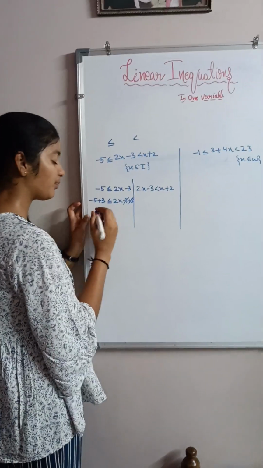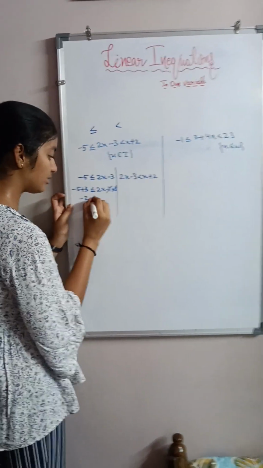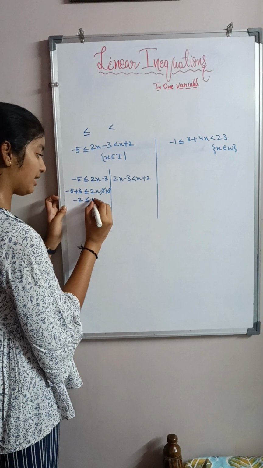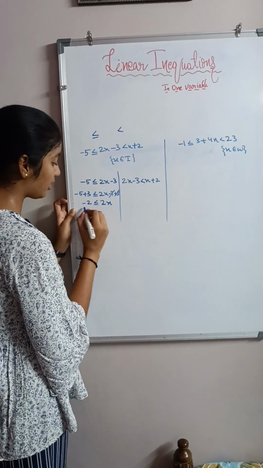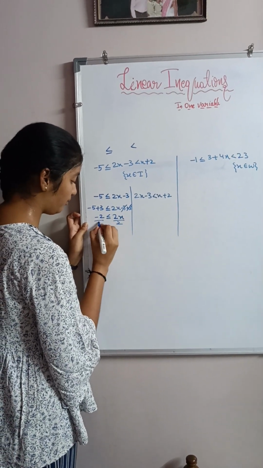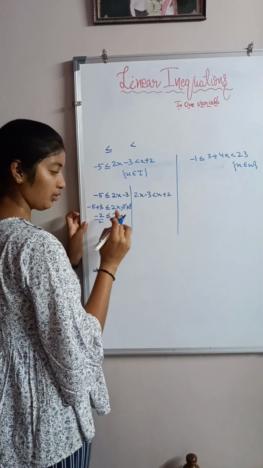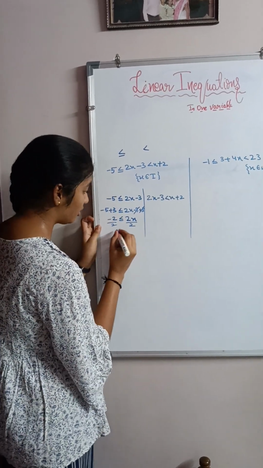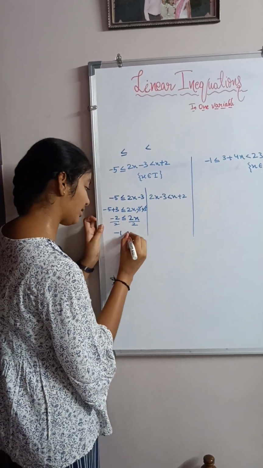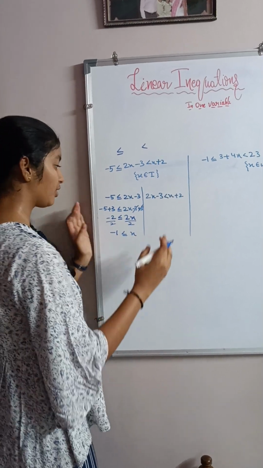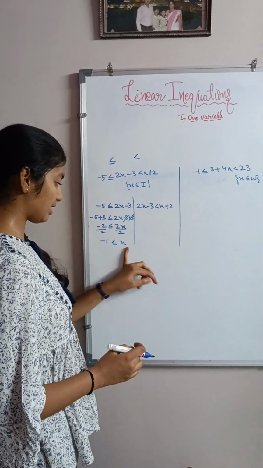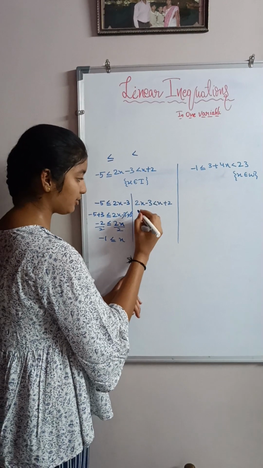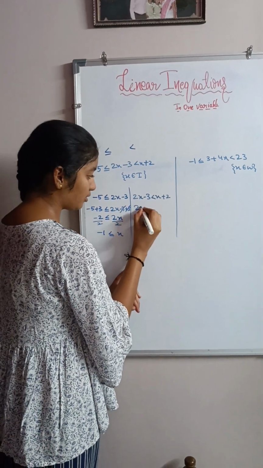Minus 5 plus 3 is minus 2, is less than or equal to 2x. Then we should divide by 2 to eliminate 2 in the x variable. So what will be the answer? Minus 1 is less than or equal to x.